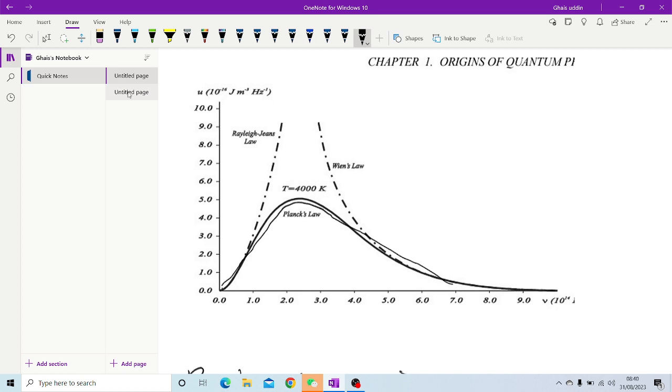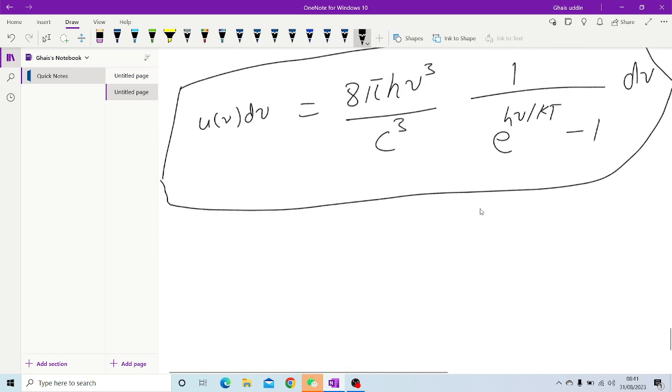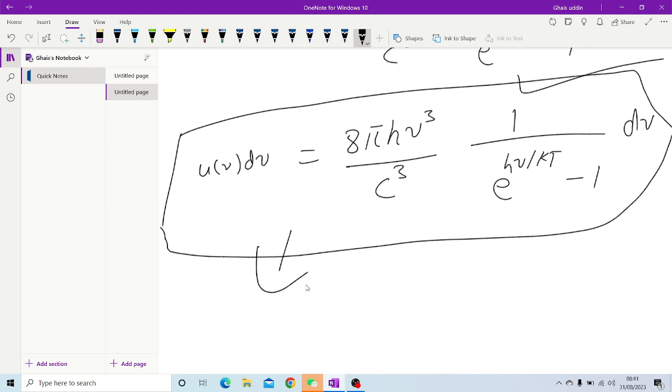So how can we know that this formula shows that he explained this curve successfully? We will derive the Rayleigh-Jeans formula, the Stefan-Boltzmann law and Wien's law from this calculation. If we are able to calculate the Rayleigh-Jeans formula, the Stefan-Boltzmann law and Wien's displacement law from this equation, we will use this equation.